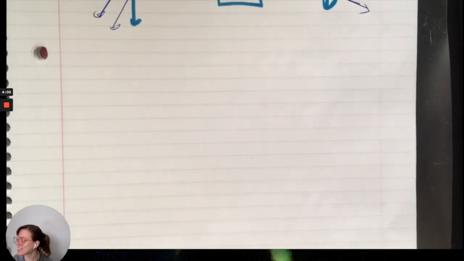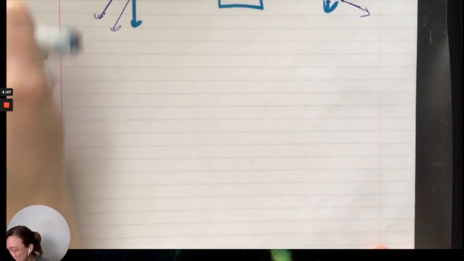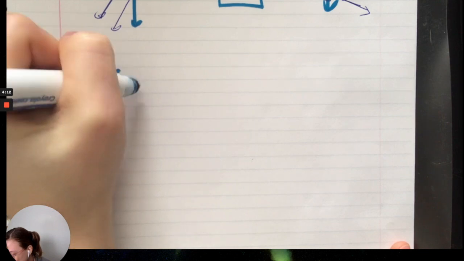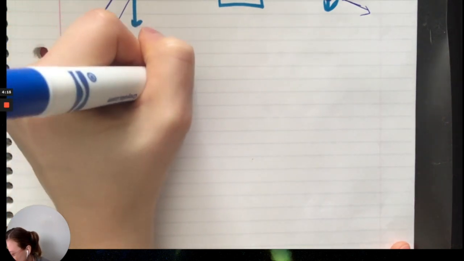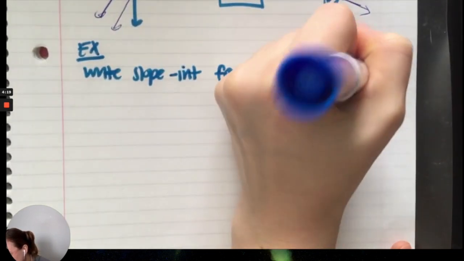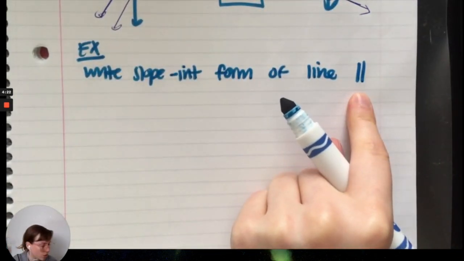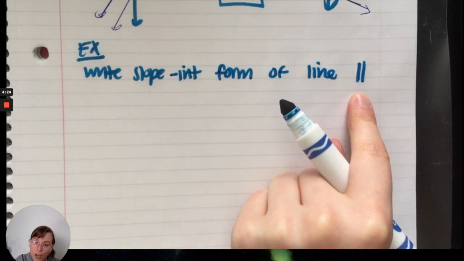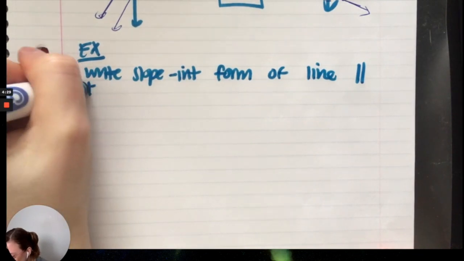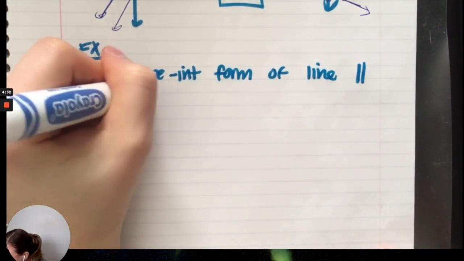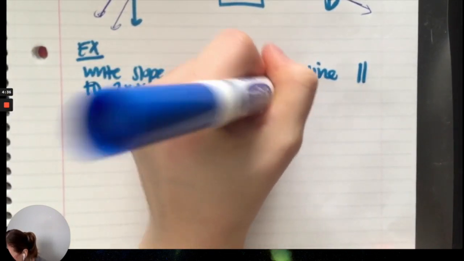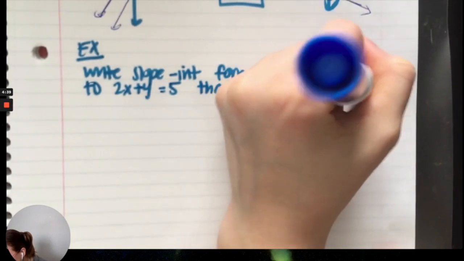So the extension, or example, is to write the slope-intercept form of a line parallel to 2x plus y equals 5, that passes through (0, 4).